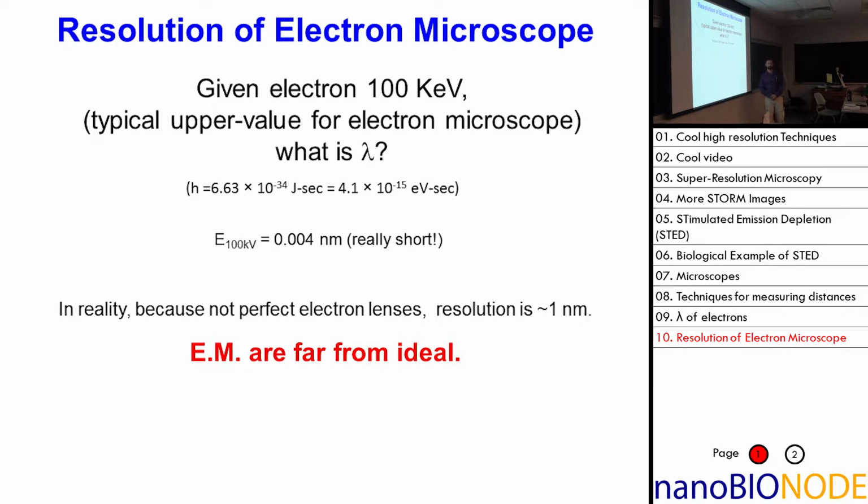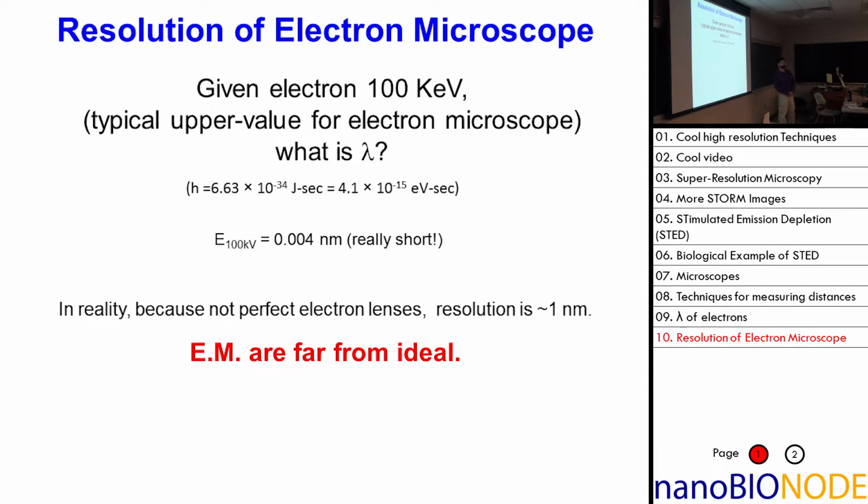E is HC over lambda. Therefore, lambda is equal to HC over E. Does somebody have the answer?